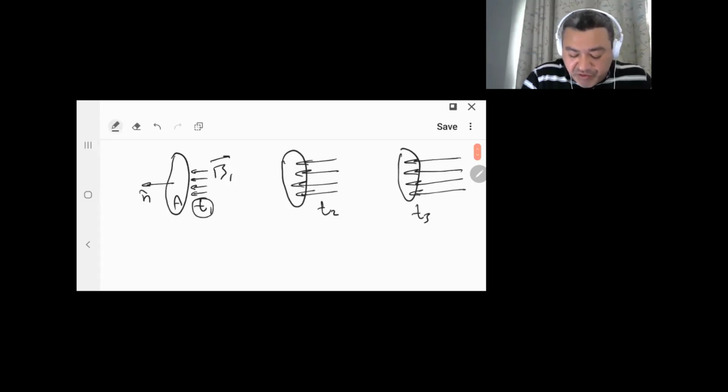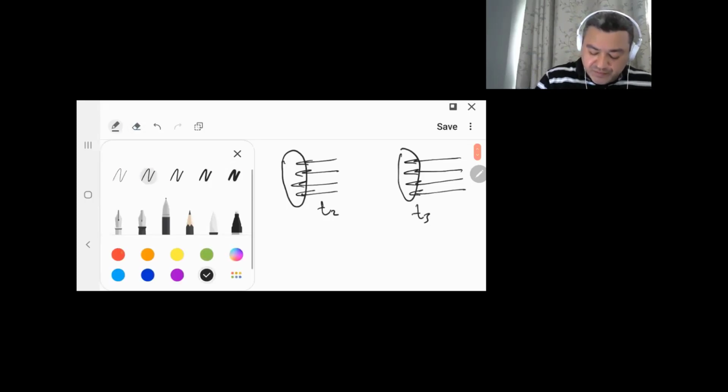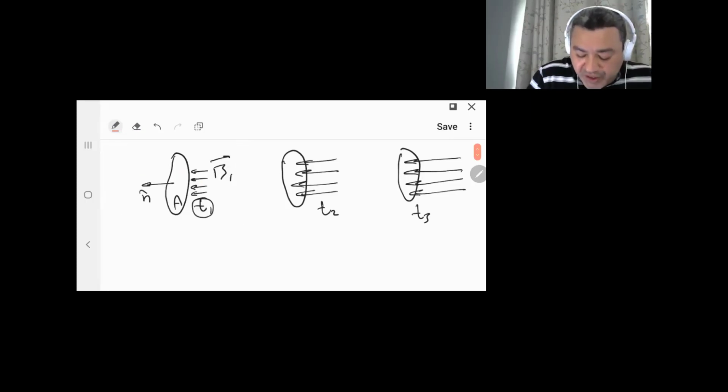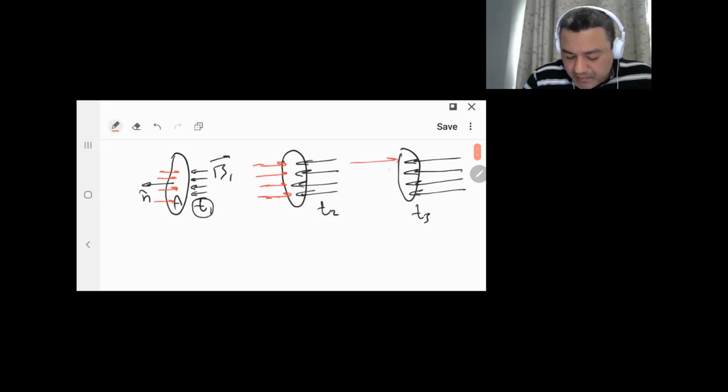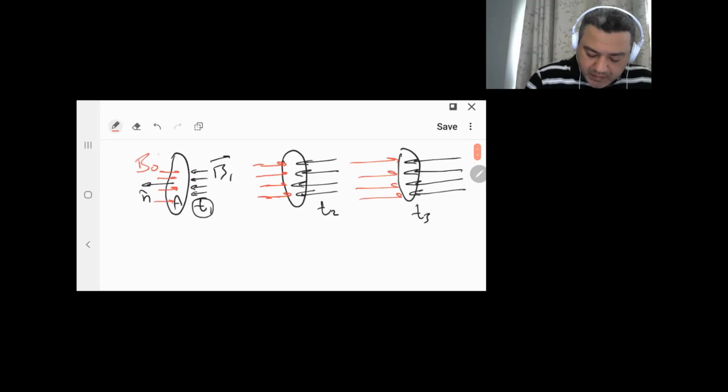This increase in the magnetic field between moment t1 and t2 is going to result in an opposing magnetic field by this loop.